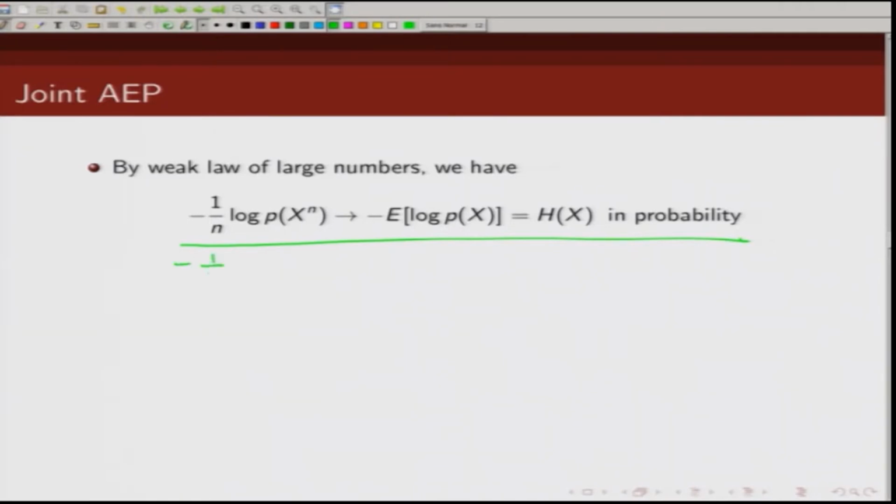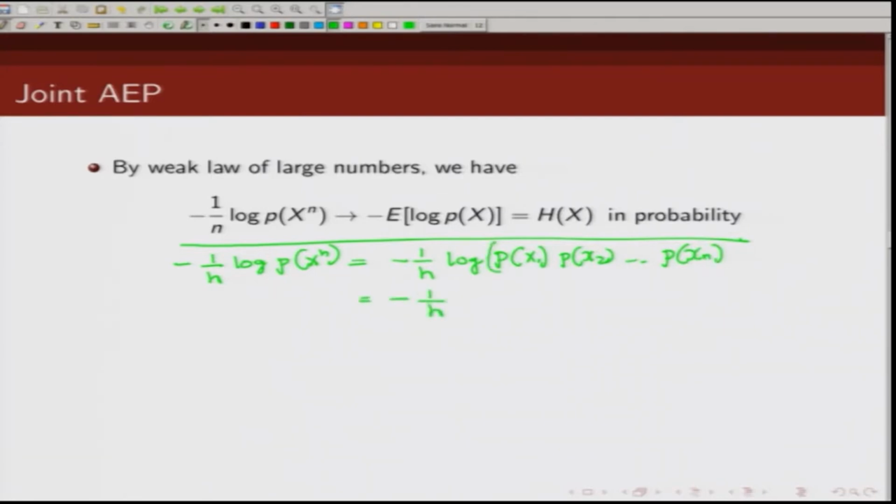So this is minus 1 by n log of p(x^n). Since this is IID distributed, I can write it as minus 1 by n log of p(x1) p(x2) and so on up to p(xn).